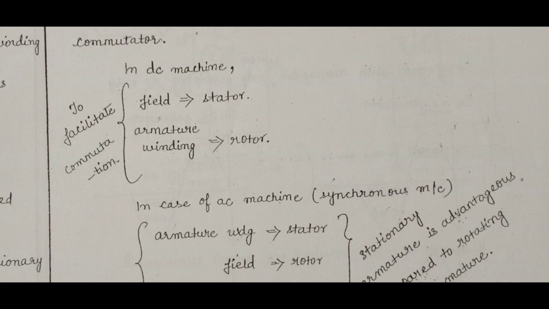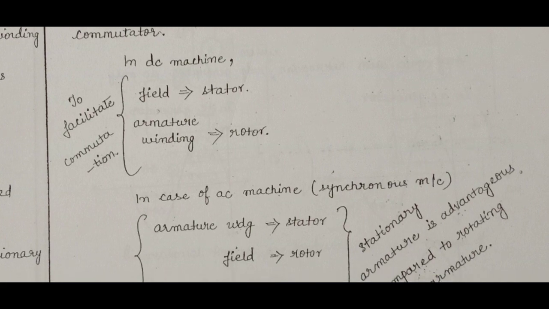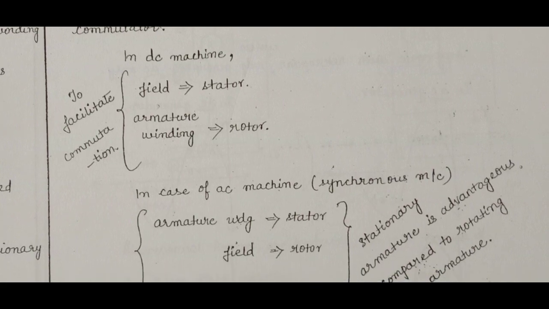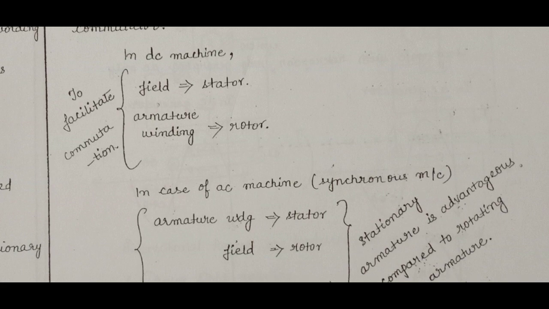So actually in all other machines, the armature winding is on the stationary part, that is the stator, but in DC machines only, the armature winding is placed on the rotor, because the armature winding is a high power circuit.